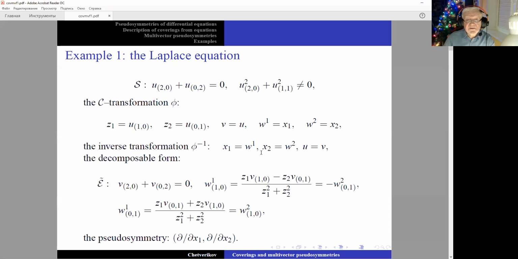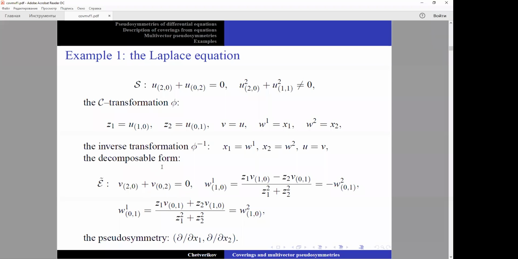Now let's consider an example, the Laplace equations. Suppose the inequality holds. Then we have the C transformation phi and the inverse transformation of this form. Decomposable form, it can be proved.